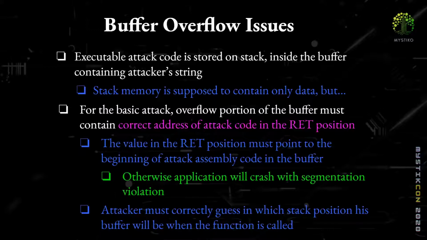Next, for the basic attack, the overflow portion of the buffer must contain the correct address of the attack code in the ret position, that is, the return address pointer. The value in the ret position must point to the beginning of the attack assembly code in the buffer. Otherwise, the application will crash with a segmentation violation.